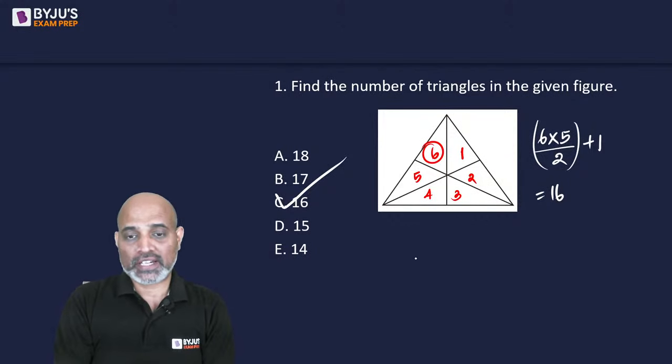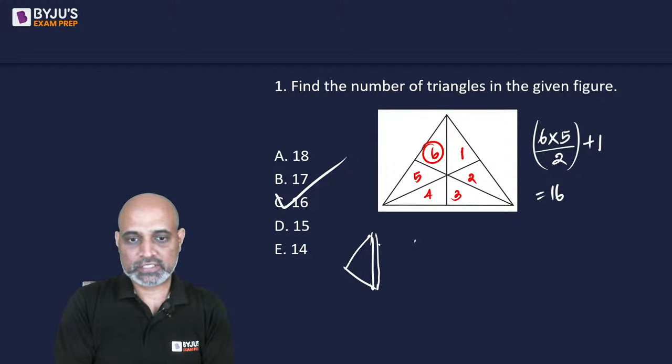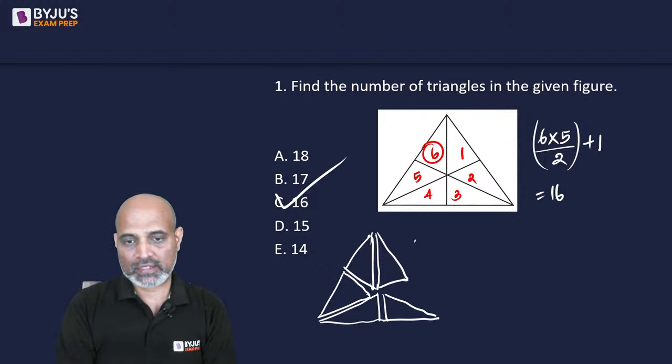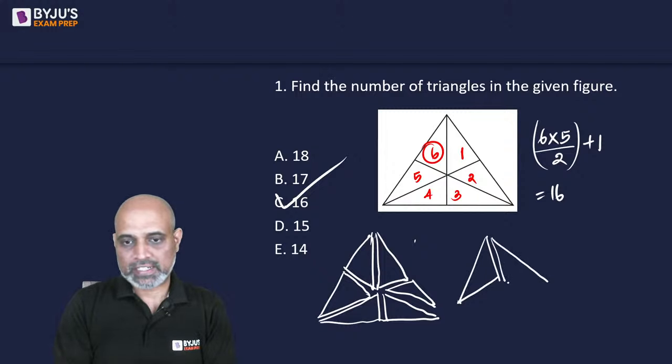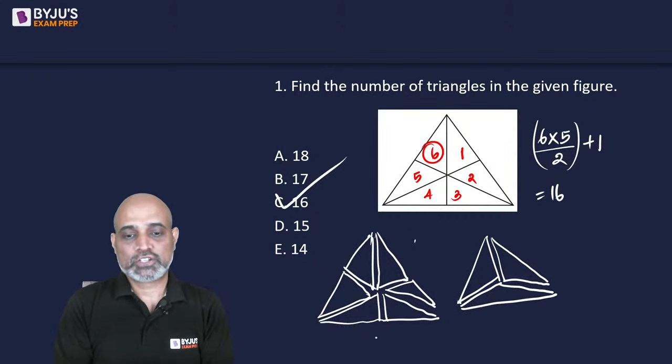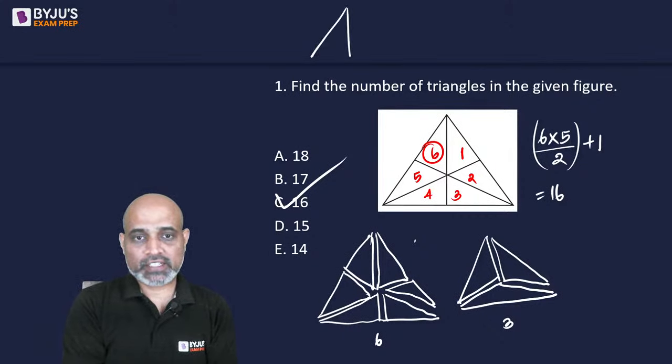Okay. So those triangles, I will show you in case you have a doubt. I'm dealing with the small triangles first. So how many small triangles do you see here? 6, right? So we have a total of 6 small triangles. Then we have a triangle that can be divided into these 3 triangles. Then next we can divide the triangle into these parts.